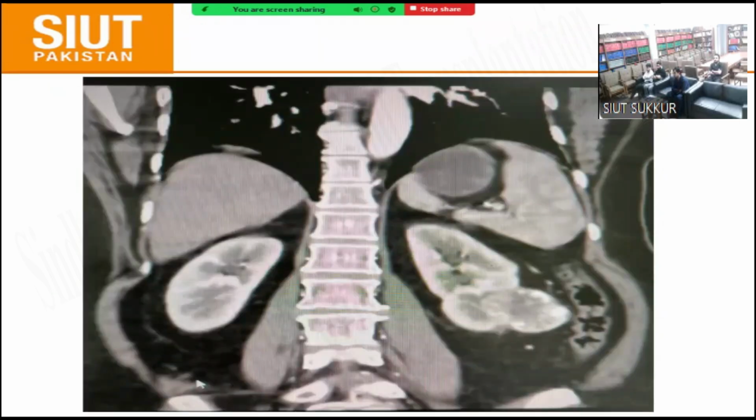Comment on this CT scan, left kidney. So most of the mass is exophytic, and a small part is endophytic. This is a lower pole mass on the left side.